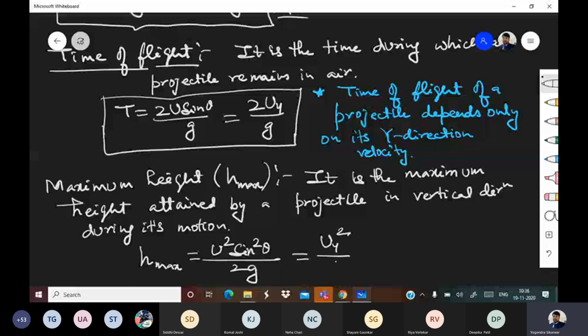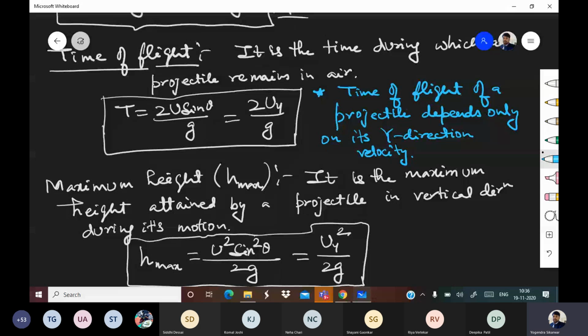Here also what you can notice, the maximum height of a projectile depends only on its y direction velocity. Okay.